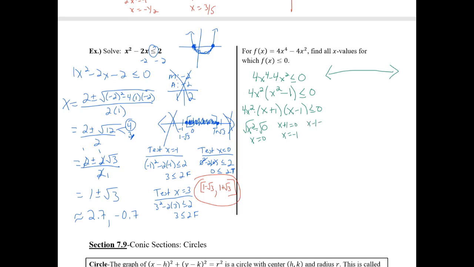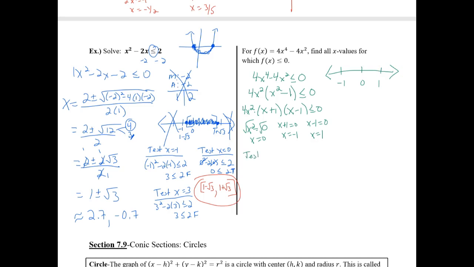And x minus 1 could be 0, so x could equal positive 1. So I have 3 critical points here. I'm going to plot those, negative 1, 0, and 1. I notice that I have 4 regions that I have to test.